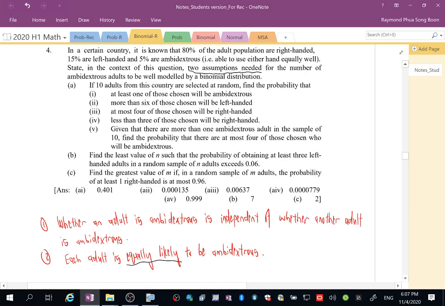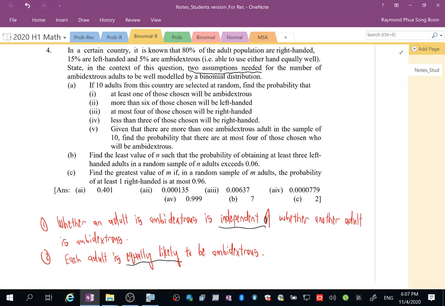Then the condition where the trials are independent. The trial in this case is whether an adult is ambidextrous or not. So in this case, it will mean whether an adult is ambidextrous is independent of whether another adult is ambidextrous.